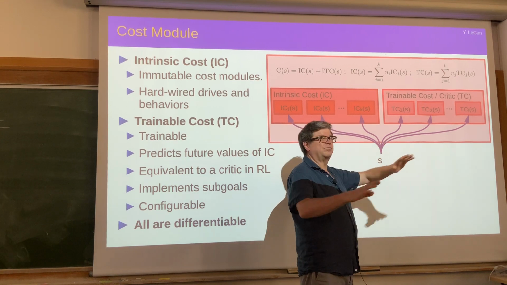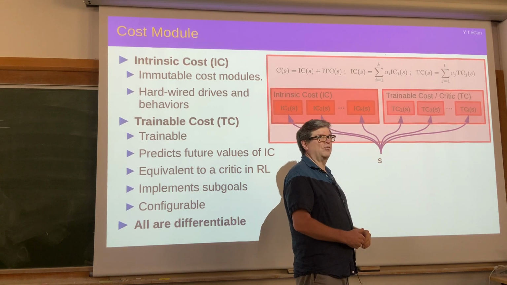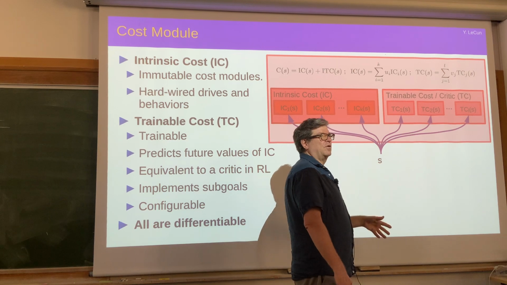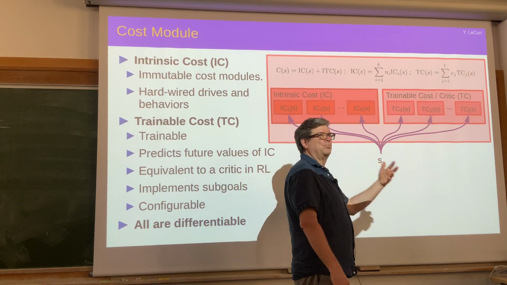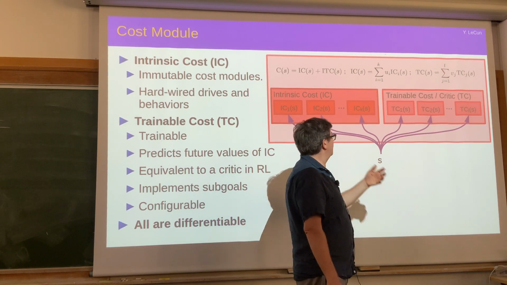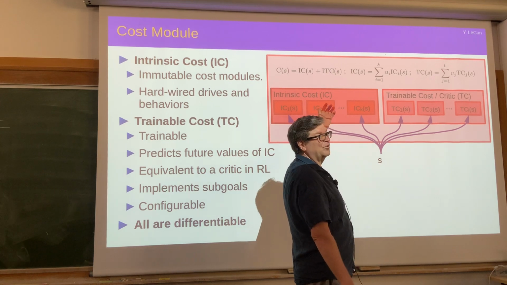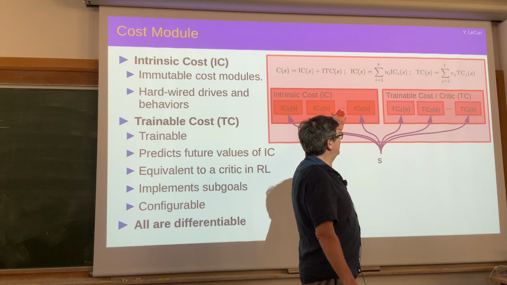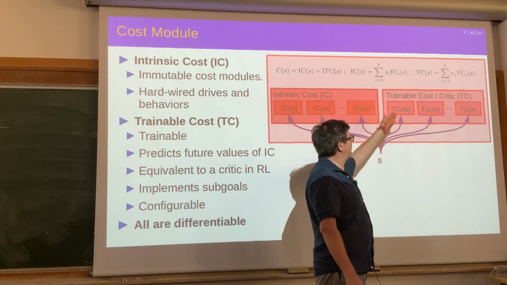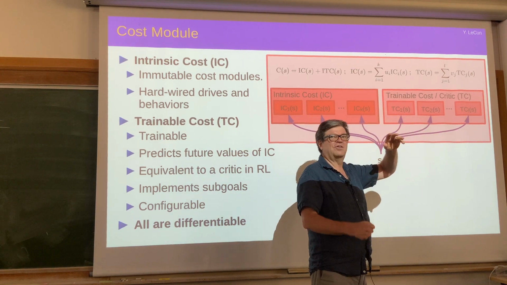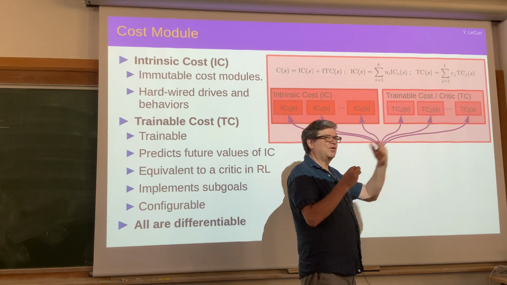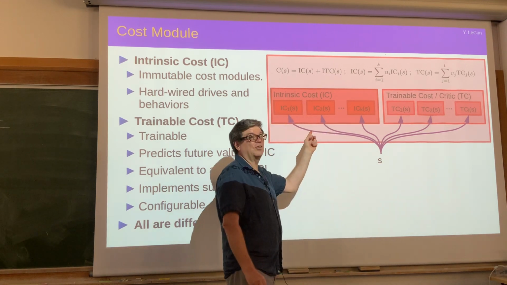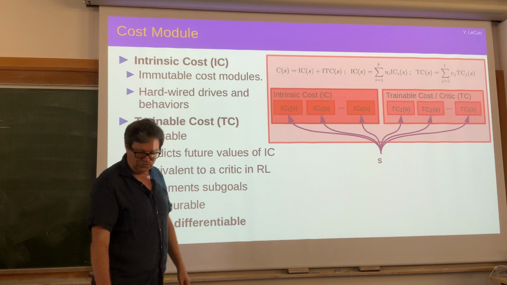So the entire purpose of the agent is to take actions so as to put the world around it in a state that minimizes the overall expected value of this intrinsic cost. And you can get help for that by training a cost function that predicts the long-term values of this intrinsic cost. Okay, and in reinforcement learning, that's called a critic.